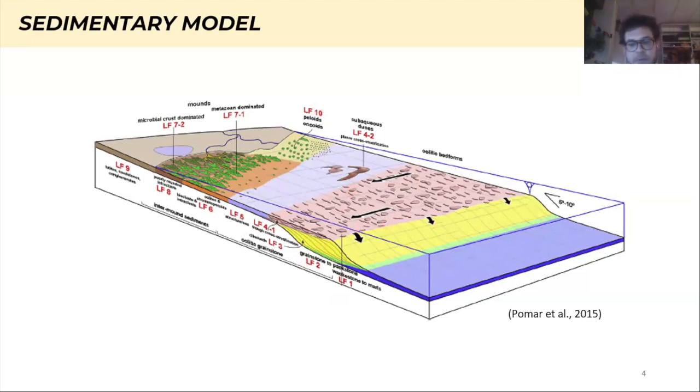During the field trip, we observed the main characteristics of 8 of the 10 sedimentary facies. These lithofacies represent sub-environments above and below the wave base. Now I will show you the facies observed from the distal one, LF1, to the proximal ones.